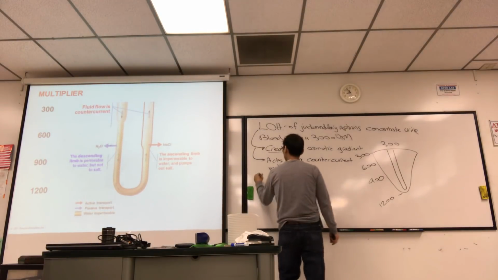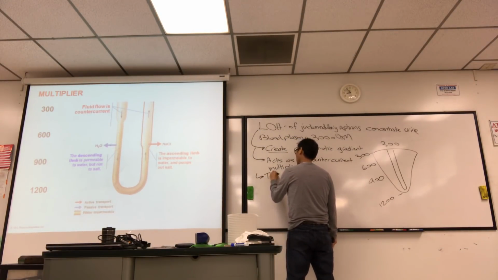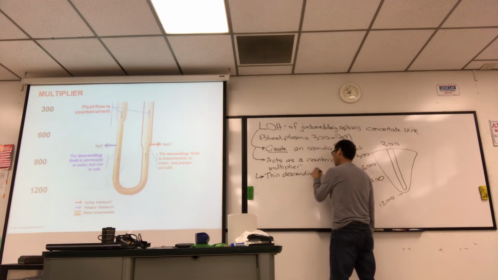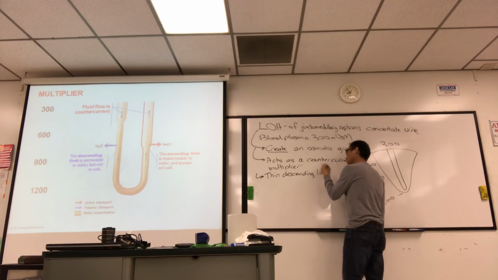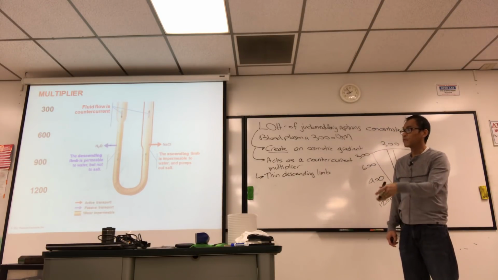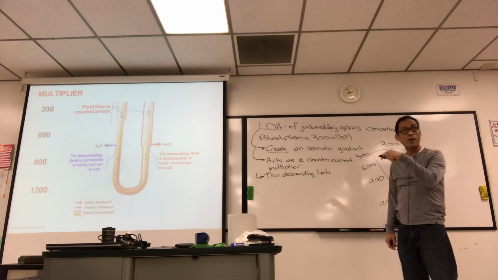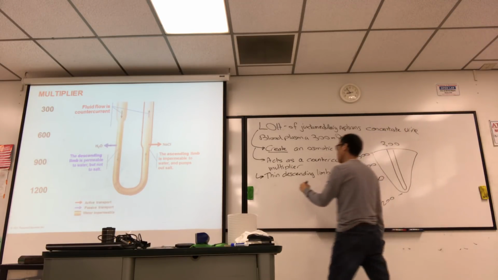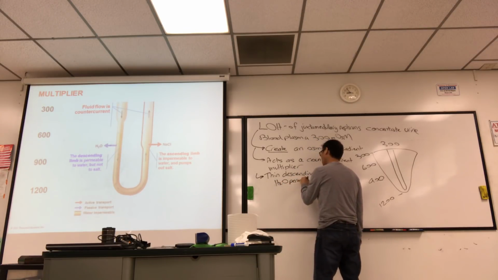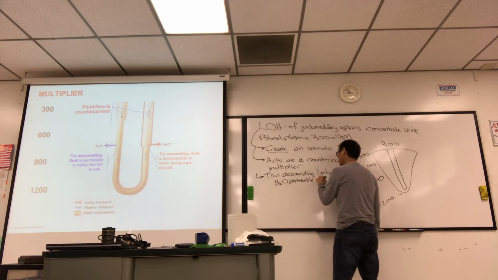Consider the thin descending limb. Because it's water permeable, the filtrate loses water on the way down. Water permeable. So water leaves.